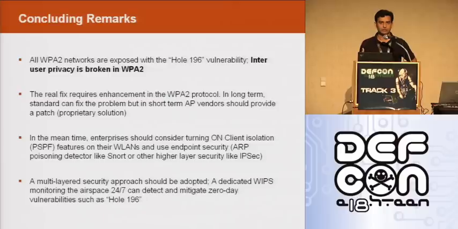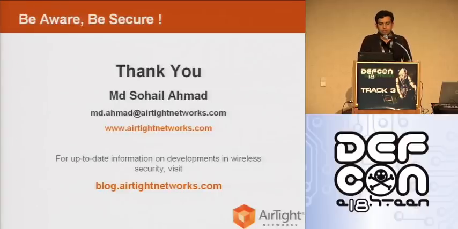But then, as I said, it is not foolproof. In certain scenarios, it will not work. So multiple layers of defense, multiple layers of security are required, and probably over-the-air security can be used to detect attacks like Hole 196 or any zero-day vulnerability. So the final words: be aware, be secure. That's it.